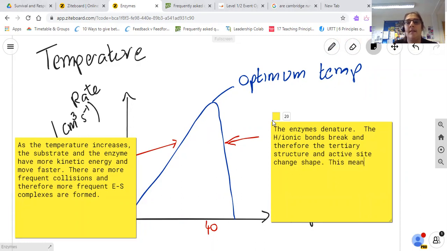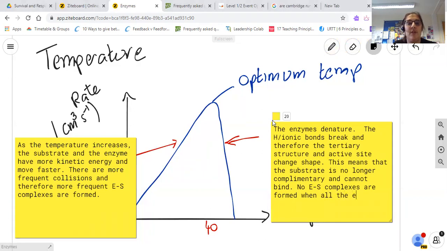This means that the substrate is no longer complementary and cannot bind. No ES complexes are formed when all the enzymes are denatured. Note that if only some of the enzymes are denatured, you'll get fewer enzyme substrate complexes forming.